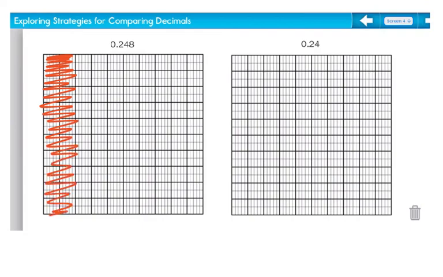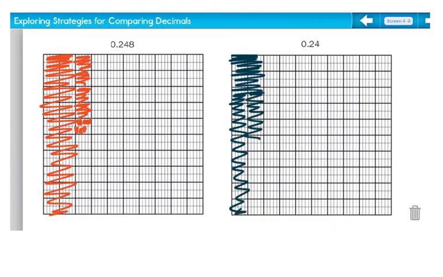This would be 200, 10, 20, 30, 40, 41, 42, 43, 44, 45, 46, 47, 48. 24 would be the same as 10, 20, 21, 22, 23, 24. So 248 thousandths is greater than 24 hundredths.